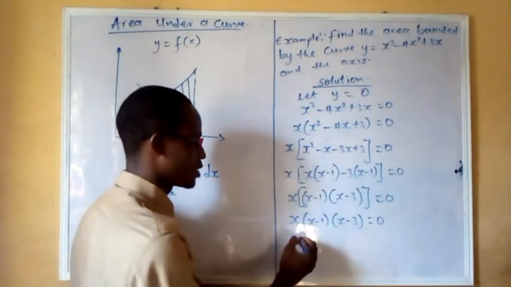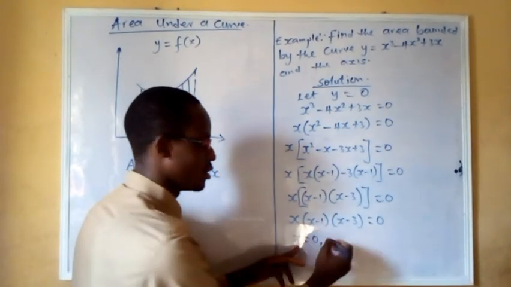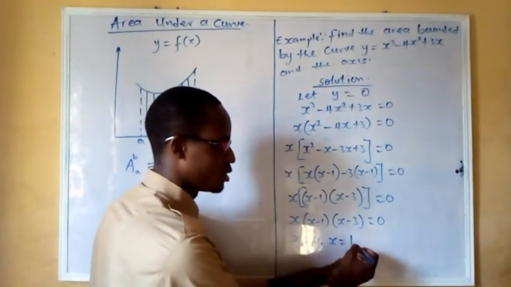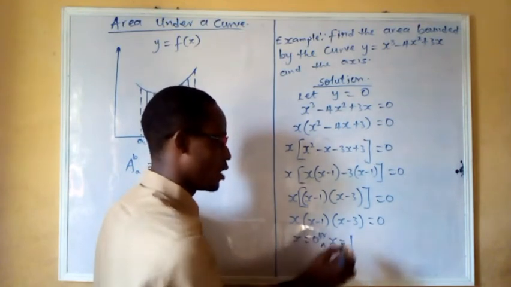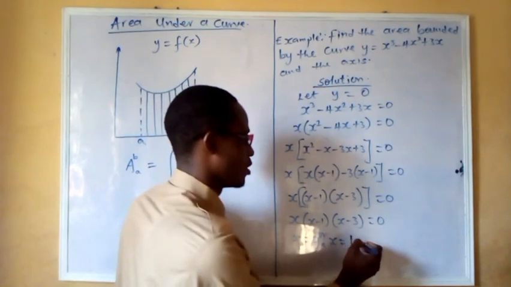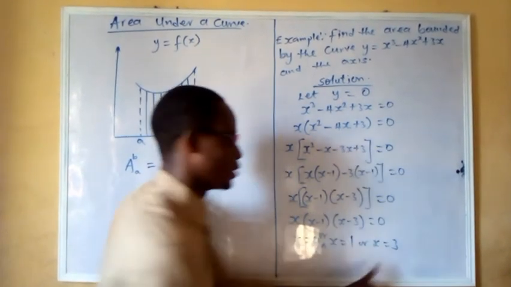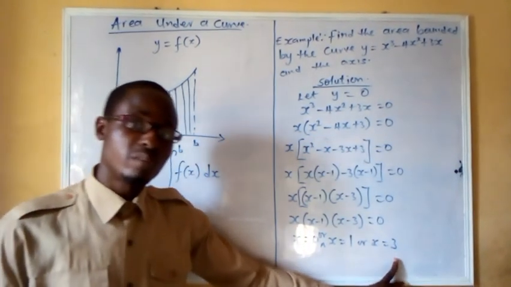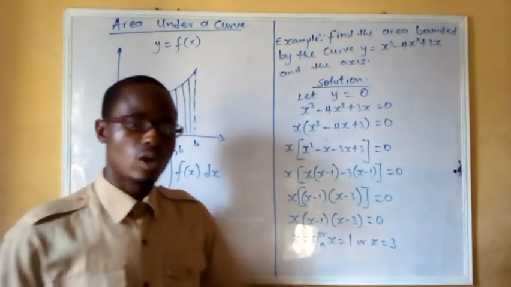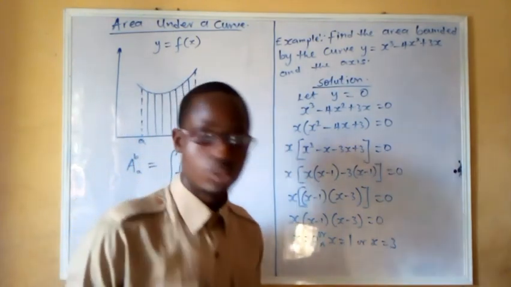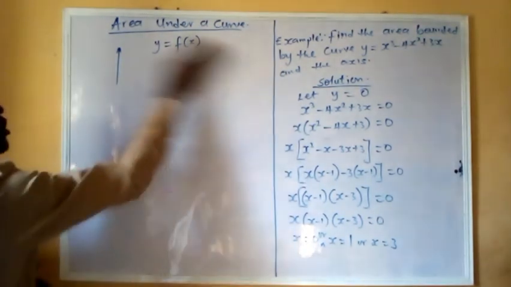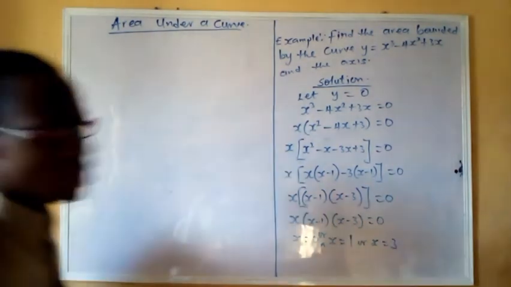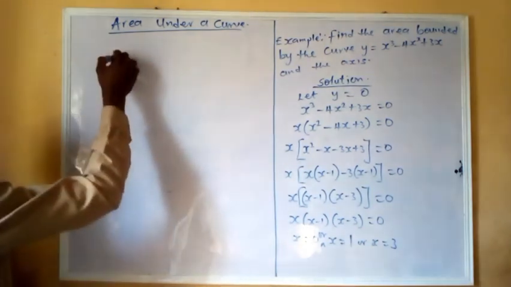So x equals 0, x equals 1, or x equals 3. So these are the 3 points bounded by the curve. How can we actually sketch the curve so we can see what is going on or how it goes? Let's sketch the curve. I have this.